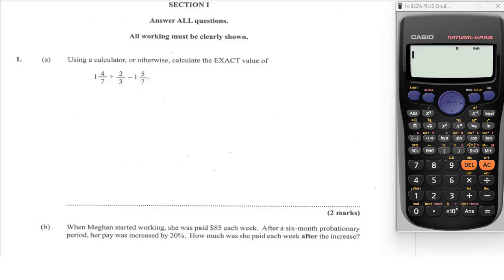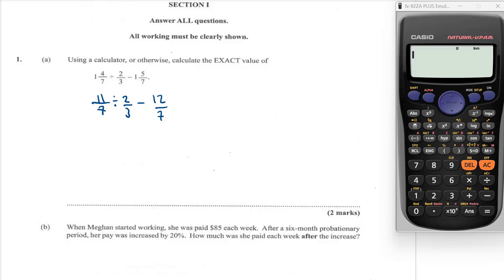So the first step, let's convert the mixed fractions into improper fractions. So 1 times 7 is 7, plus 4, that is 11 over 7 divided by 2 over 3 minus, and this is going to be 1 times 7, 7 plus 5, 12 over 7.